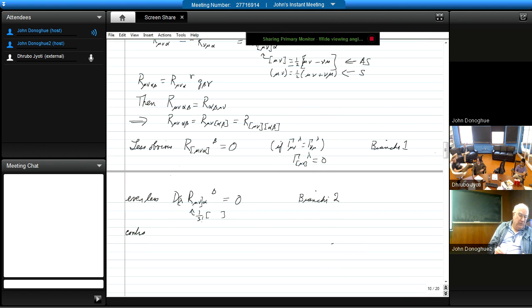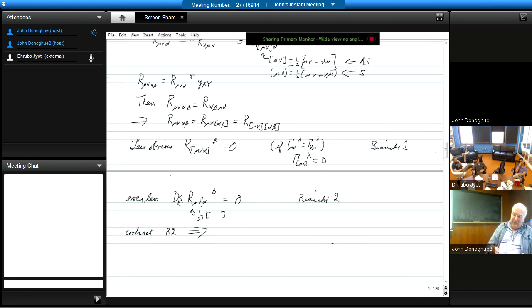If you contract, at this stage it's not so bad, you contract an index on the R's here. Let me just say that if I contract indices up there to form scalar curvatures, I get the following identity.